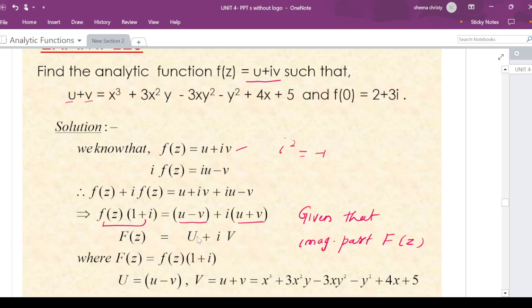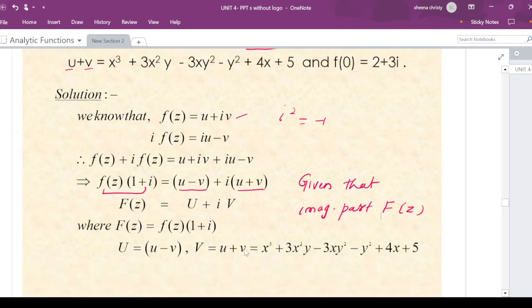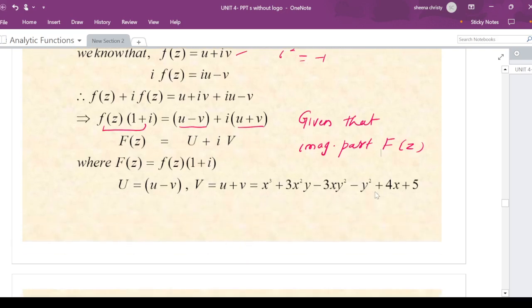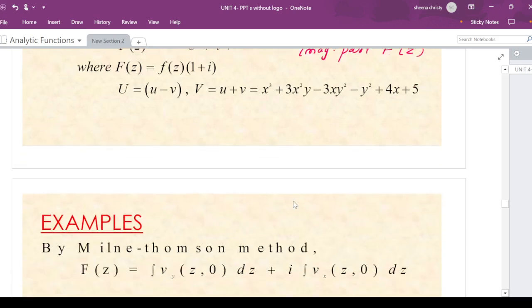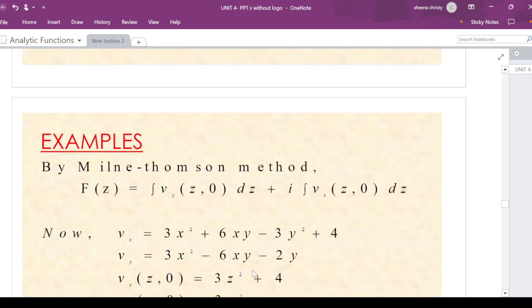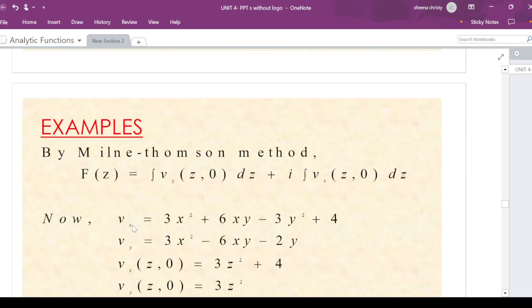Now, what is the procedure for finding the analytic function? You have to find the first order derivative of capital V with respect to x and with respect to y. So here V is given as this. Therefore, we are going to find Vx and Vy first before finding the value of f of z directly. So first find dou V by dou x.